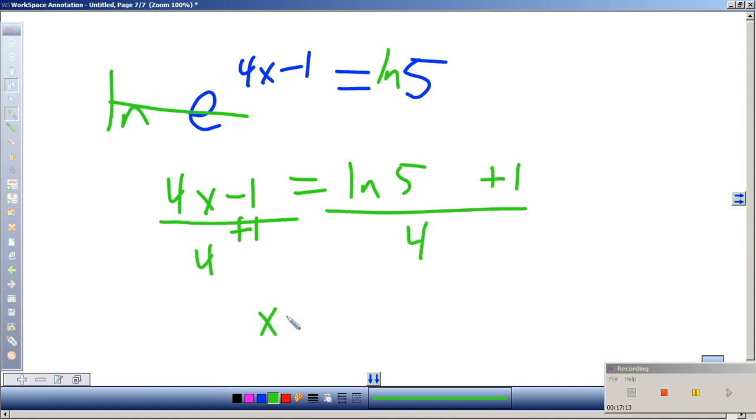We get x equals (1 plus ln 5) over 4. Note, it doesn't matter whether I write ln 5 plus 1 or 1 plus ln 5. I just put it that way to make sure it's clear that the 1 is not in the logarithm and you can't combine the 5 and the 1.